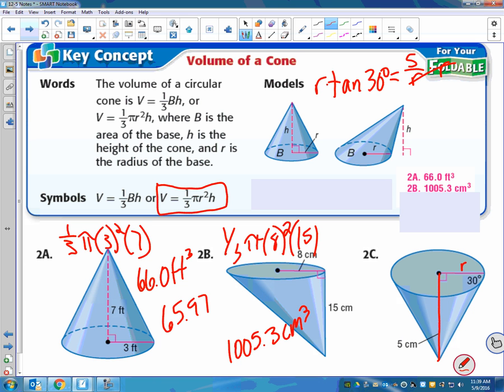And then what am I going to do? Am I going to solve for R? I'm going to divide by tangent. So every time when what you're looking for is in the bottom, it's always going to be that number divided by your tangent. Every time. So it's going to be 5 divided by tangent of 30 in degree mode.